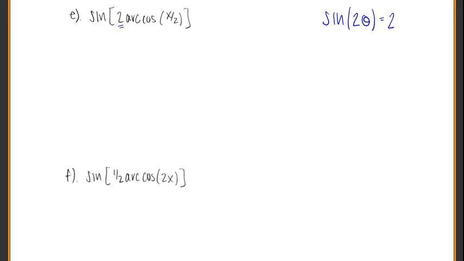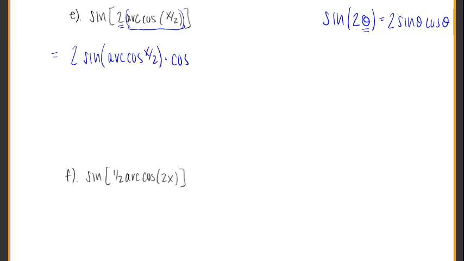Well, that opens up to 2 sine theta cosine theta. In this case, our theta is all of that right there. So sine of 2 theta, and we need to break that up. So it's going to be 2 sine of theta times cosine of theta.